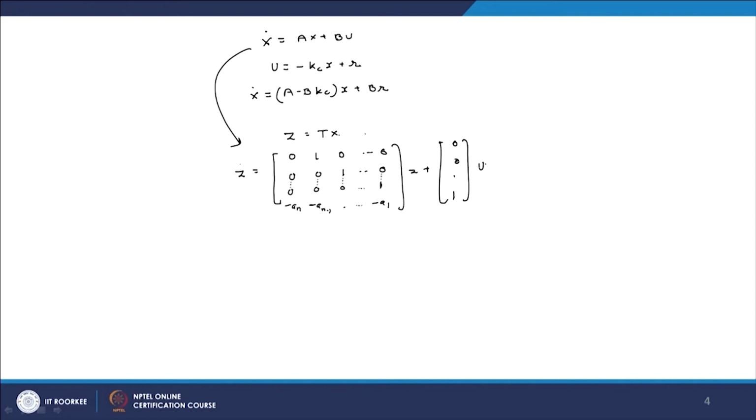So, by means of this transformation, it can be converted into a controllable phase variable form. Now, about this transformation T, that means here for z equal to Tx, this T can be represented by T11, T12 to T1n, here T21, T22, T2n to Tn1, Tn2, Tnn.